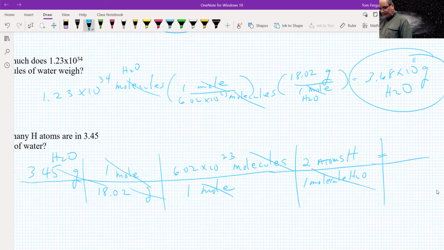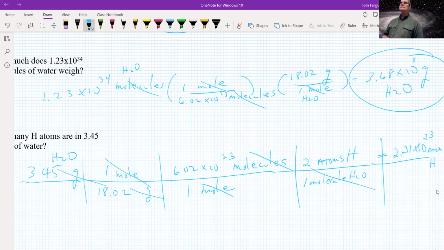And we have 3 sig figs. We're looking at 2.31 times 10 to the 23rd atoms of hydrogen. I got 2.305. Yes, 2.31. Okay.